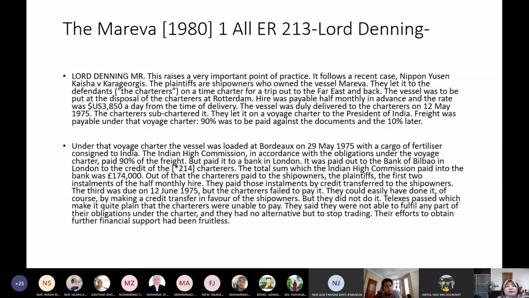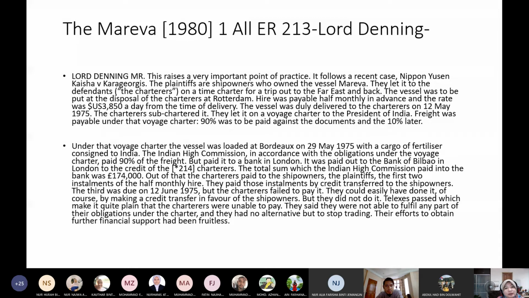Okay, so basically the vessel was to be put at the disposal of the charterers at Rotterdam, which is in Holland, and it's payable half a month in advance. These are the terms of the payment, and then the vessel was duly delivered to the charterers, and then the charterers sub-chartered it. They let it on a voyage charter to the President of India.